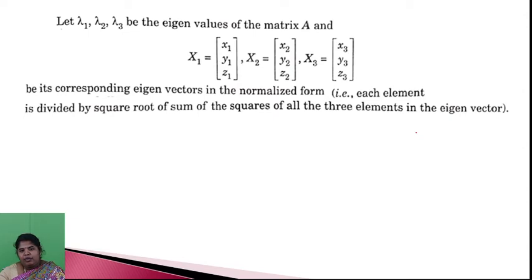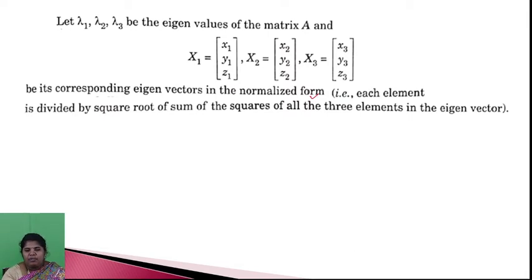Now let lambda 1, lambda 2, lambda 3 be the eigenvalues of the matrix A, and the corresponding eigenvectors are x1, x2 and x3. Now we are going to write the matrix in the normalized form.